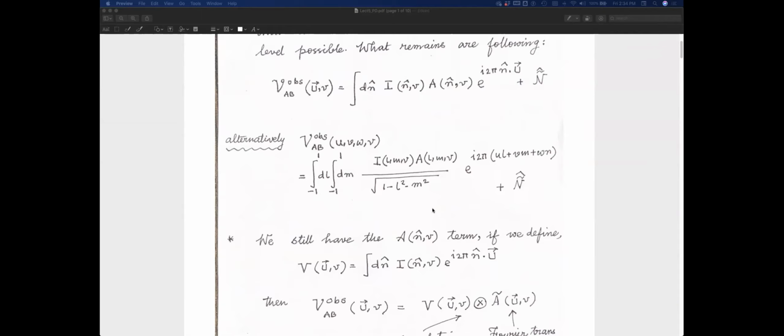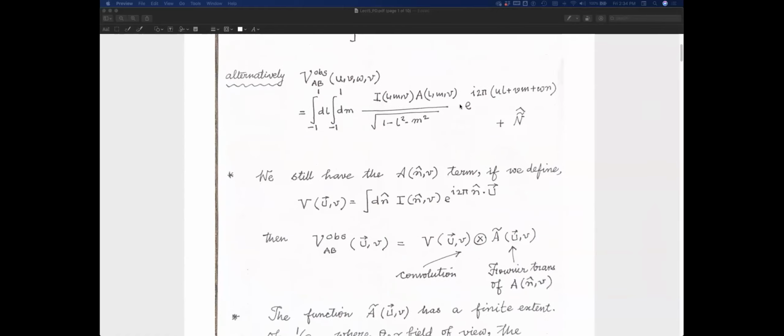What you have still not done at this point is that this visibility is still not the Fourier transform of the sky brightness distribution. If we can, for the time being, neglect the W term and this root over 1 minus L square minus N square here, and consider a small field of view, even if we do all of these, still it is not the Fourier transform of the sky brightness distribution.